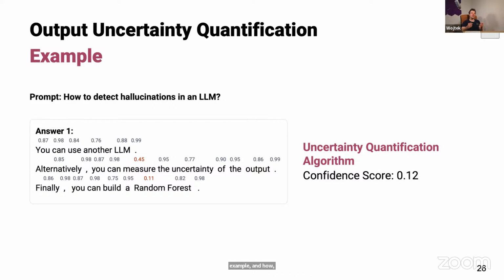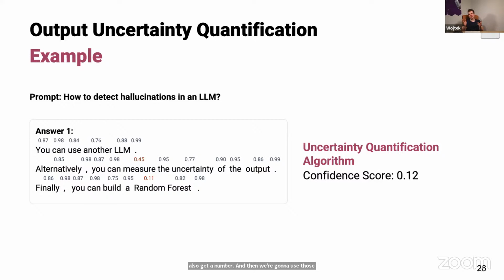So instead of just getting the answer, we also need to get the probability of getting that answer. It's called token probability, for each of the tokens, so each of the words or symbols in the LLM answer. So for every word, we also get a number. And then we're going to use those numbers to quantify the uncertainty of the model.